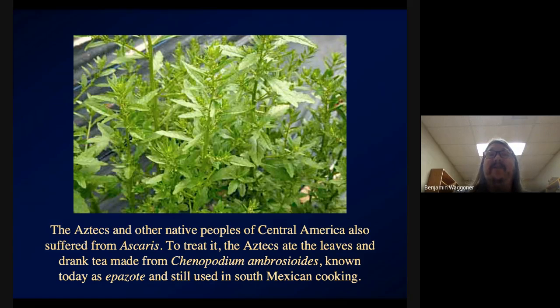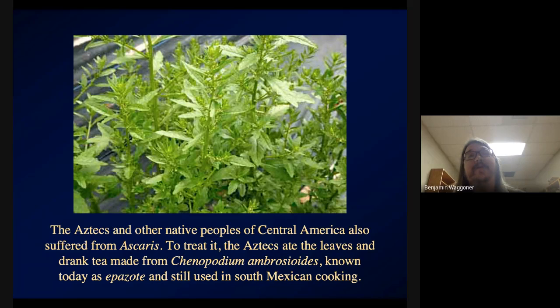One thing I haven't seen in this country so much, although I might not be shopping at the right stores, is that in some parts of Mexico, in particular South Mexico, I think, kind of the Yucatan Peninsula, this is used in cooking to flavor food. It's got this medicinal flavor, and it's called epazote. And I don't think we tend to get it in the Tex-Mex cuisine that we usually get on this side of the Rio Grande.